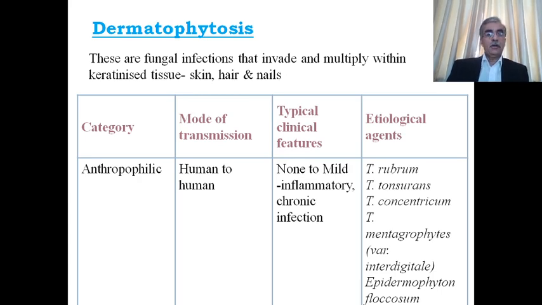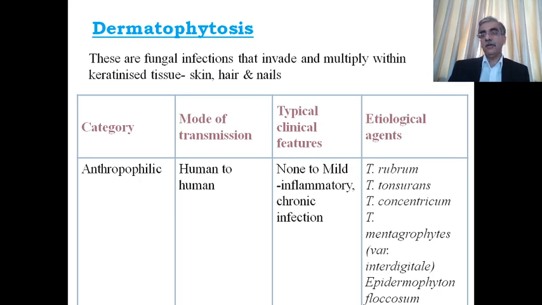So dermatophytosis includes fungal infection of skin, hair and nail. Depending upon the mode of transmission or source of infection, they can be anthropophilic, zoophilic or geophilic. Anthropophilic means the infection comes from one human to another human, and the typical clinical picture is either no inflammation or mild inflammation, and the infections are chronic.